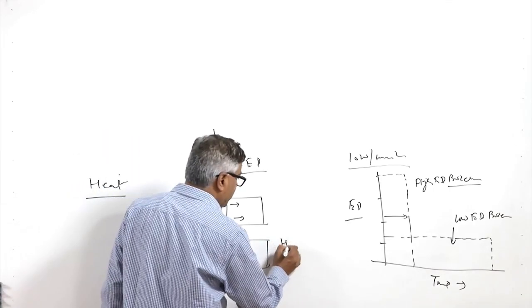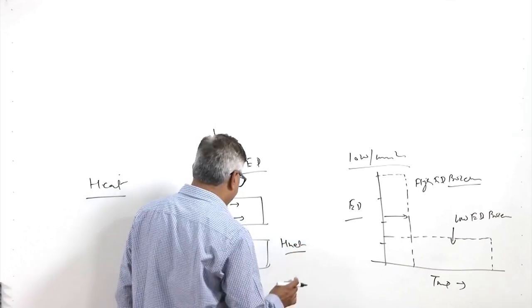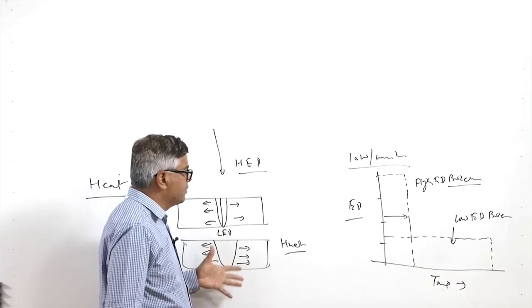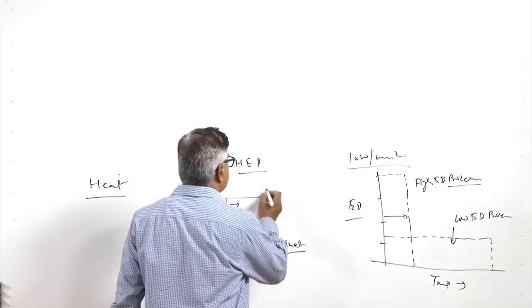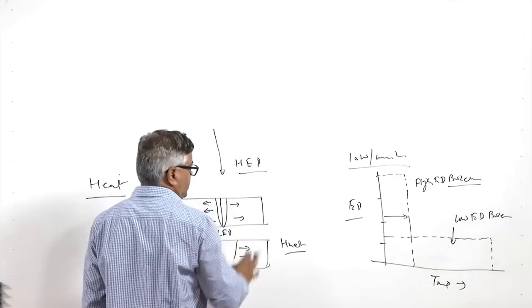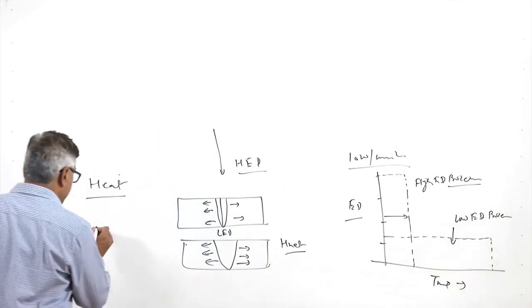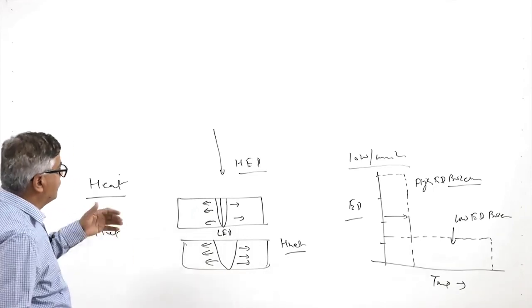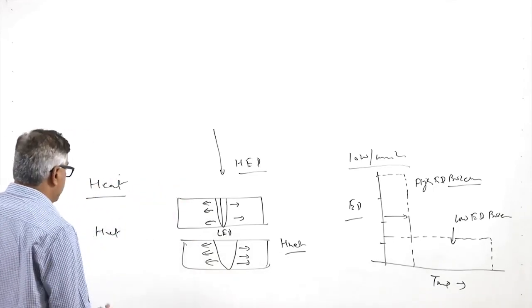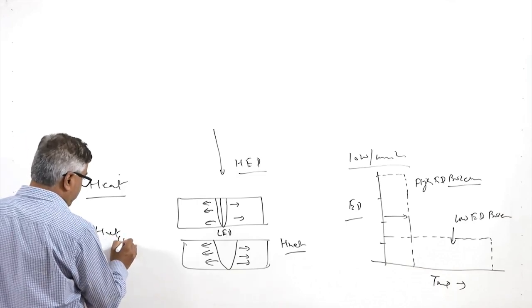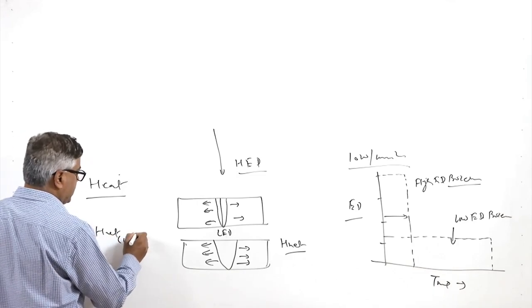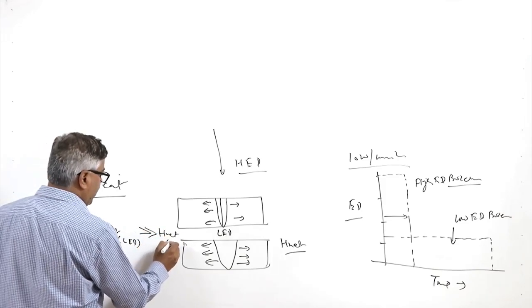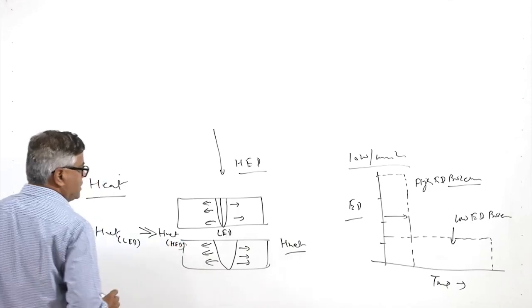If we compare the net heat input, H net, the net heat required for facilitating the melting will be more for the low energy density process as compared to the high energy density process.